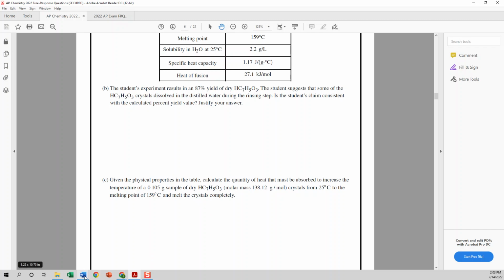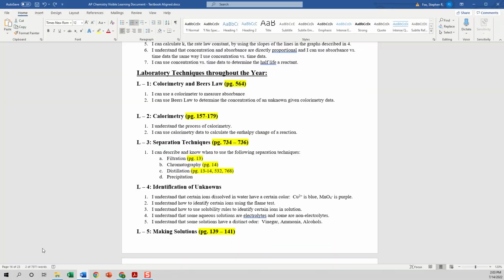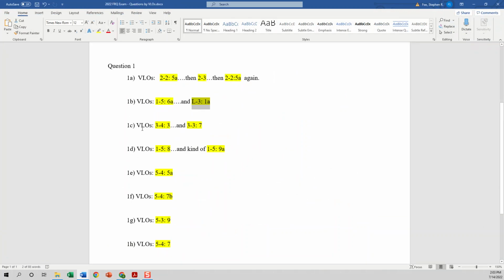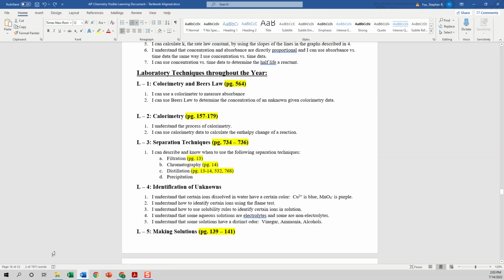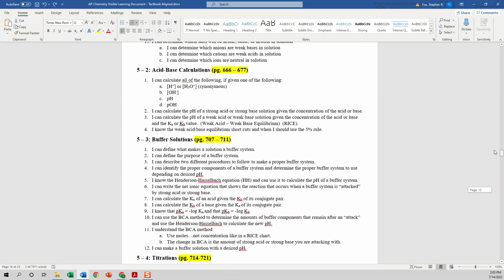So let's look at what VLOs Part C is covering. So C is 3-4, 3 and 3-3, 7. So let's see what those are all about.